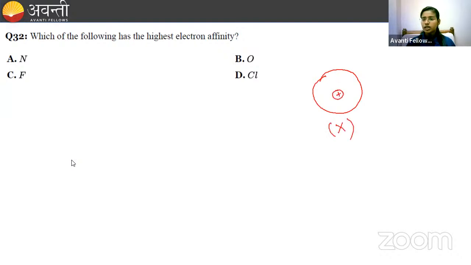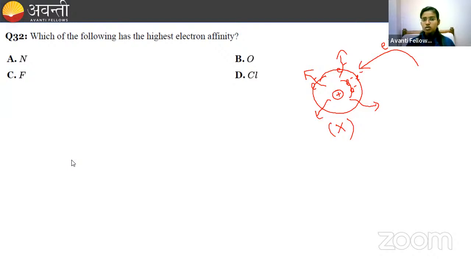We have the nucleus, inner shell electrons, and some electrons in the outermost shell. If I add an electron from outside to this outermost shell, energy will be released from this atom, and that energy is called electron affinity or electron gain enthalpy.